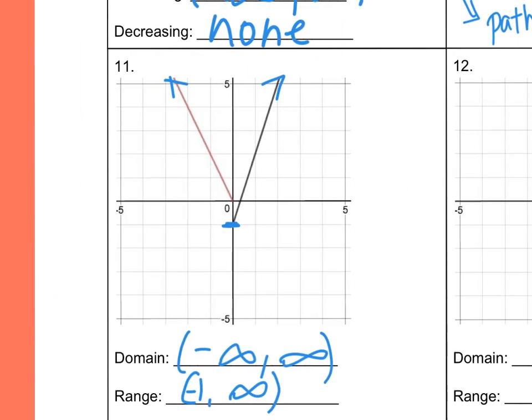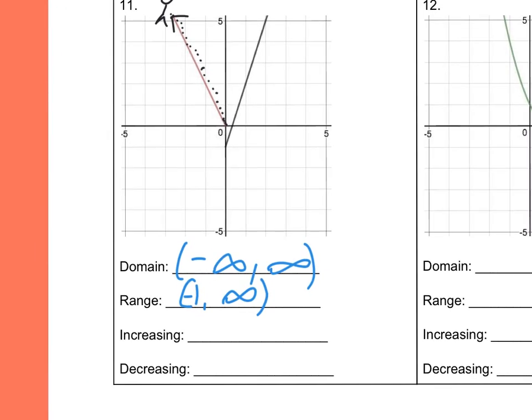Now we'll do another increasing, decreasing one here. Decreasing is negative. So here we've got MJ. MJ's running. What was he doing first? Decreasing, from negative infinity to 0.